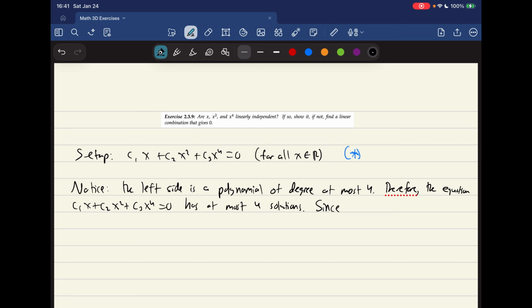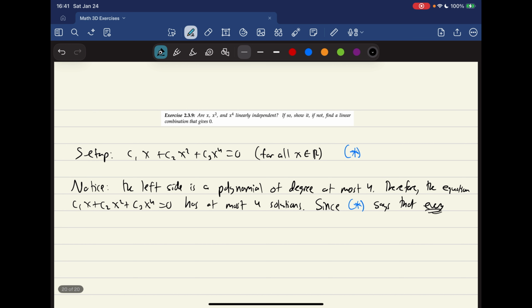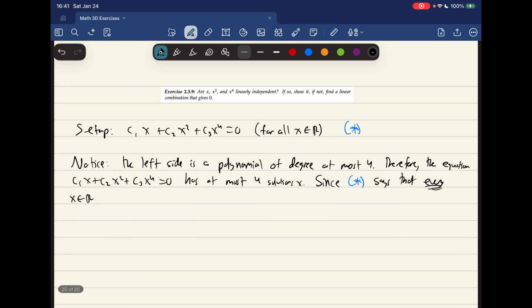Notice that the equation says that every number x in R is a solution to c1x plus c2x squared plus c3x to the 4.